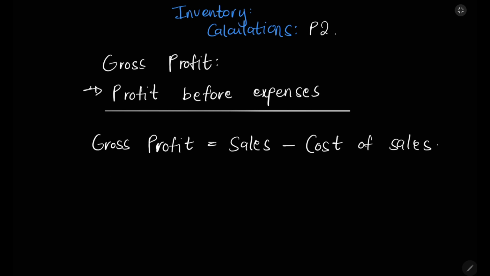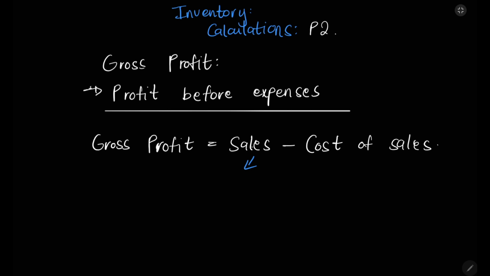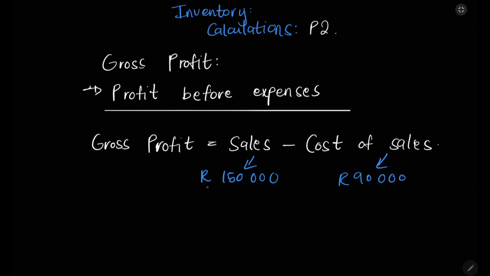For example, if we have sales that are worth 150,000 Rand and our cost of sales are 90,000 Rand, we'll say 150,000 Rand minus 90,000 Rand, which is 60,000 Rand. So this is your formula when finding the gross profit.